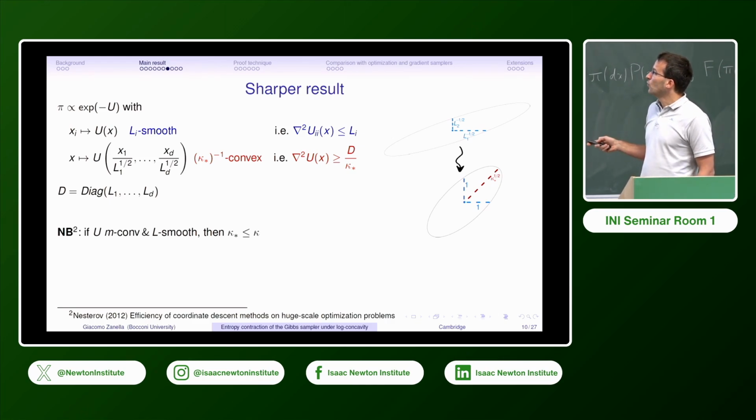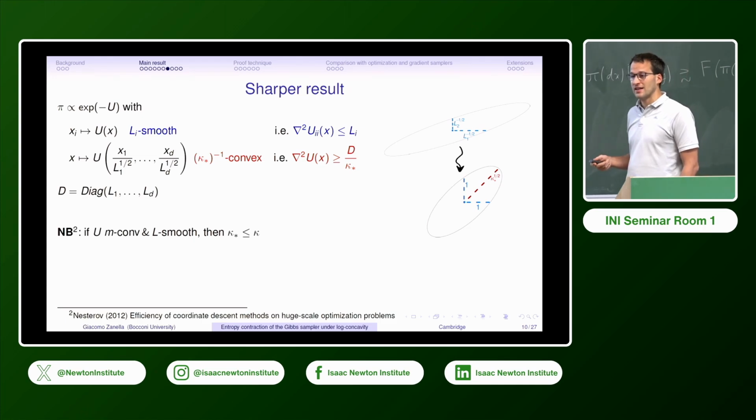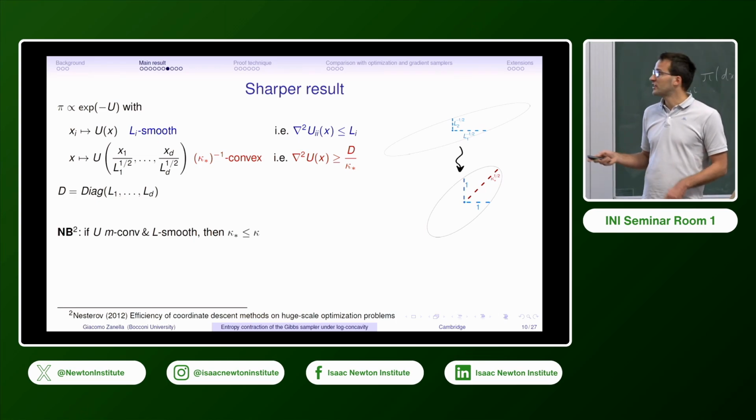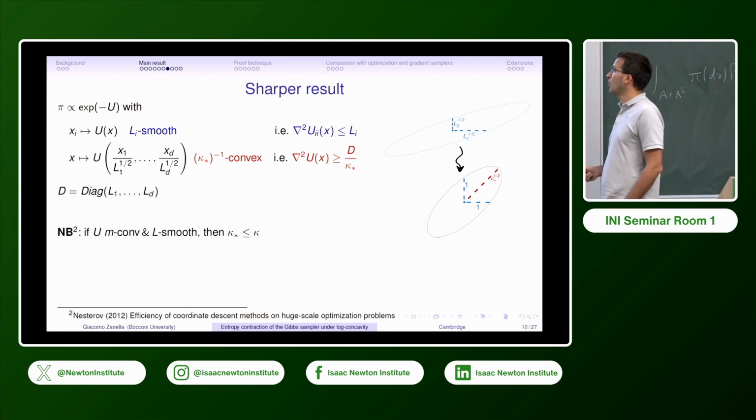This is a strictly weaker assumption than strong convexity and smoothness, because if U is m-convex and L-smooth, then it always satisfies this condition with a kappa star which is strictly less than kappa. So it's a generalization and a sharpening of the result because kappa star becomes smaller.